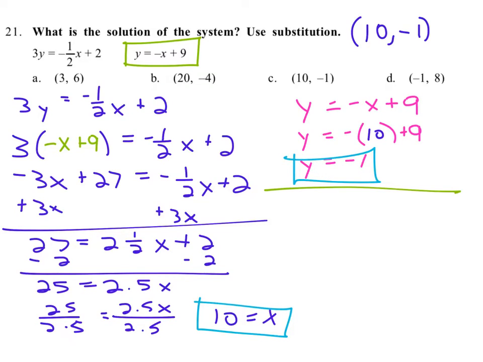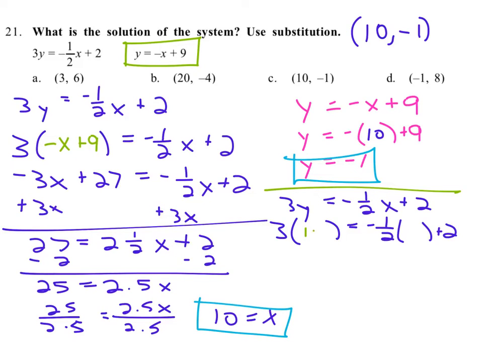So I'm going to take the other equation that we have, which is 3y equals negative 1/2 x plus 2, and I'm going to substitute in the values of the variable that we got and see if it does work out to be a true statement. I'm going to plug in 10 for x, negative 1 for y.